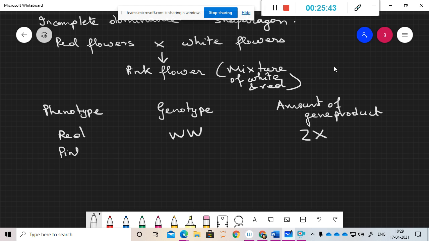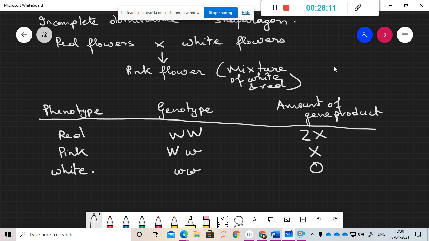In the pink flower, one capital W and one small w, the gene product is 1x, one time gene product. So this was red, 2 times gene product of red, 1 time gene product pink, and this was no gene product of red, 0. You had absence of red pigment, white flower. And this phenomenon is known as incomplete dominance.